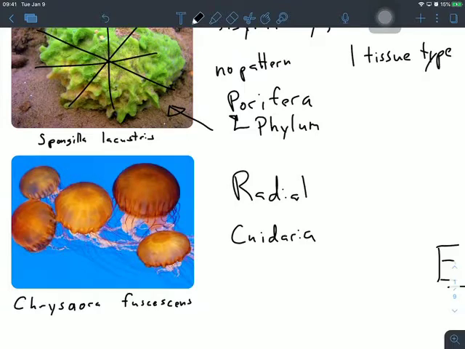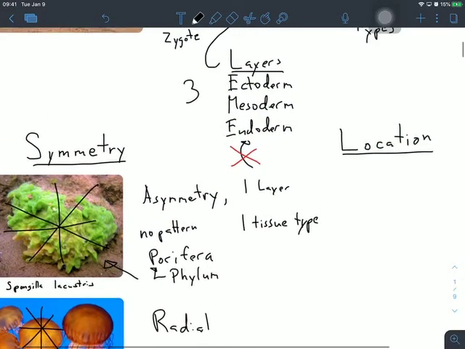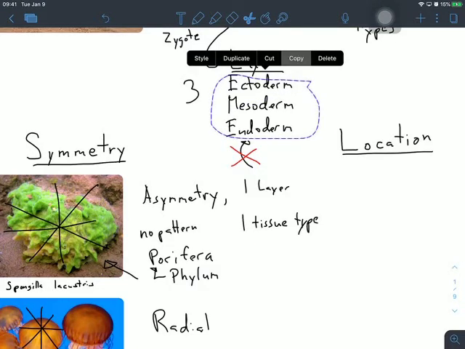Now, cnidarians, with their radial symmetry, have multiple axes of symmetry. You can cut them vertically, you can cut them horizontally, diagonally. In each of these axes, from the top-down orientation, they will be symmetrical. Hence, they have radial symmetry. In radially symmetrical organisms, you get two of these three tissue layers.